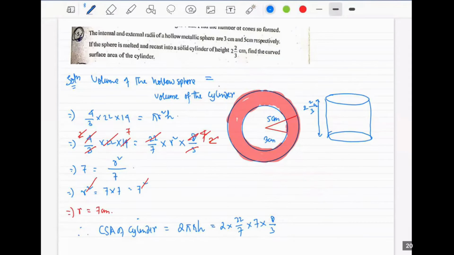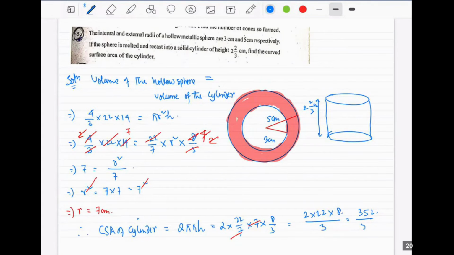Now time for cancellation. 7 and 7 got cancelled. And what is left then? 2 into 22 into 8 divided by 3. So that will be 352 divided by 3. What is happening? Mistakes after mistakes here.